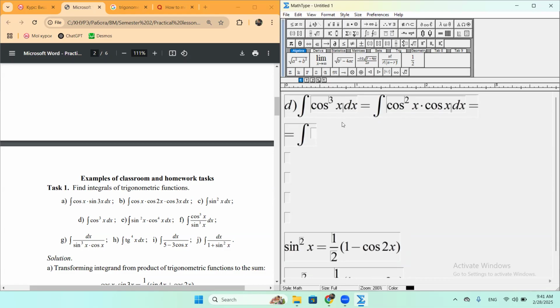It is the differential of sine. By the way, let's rewrite cosine square of x. From the main trigonometric equality, cosine square x equals 1 minus sine square x. And cosine x dx is a differential of sine x.